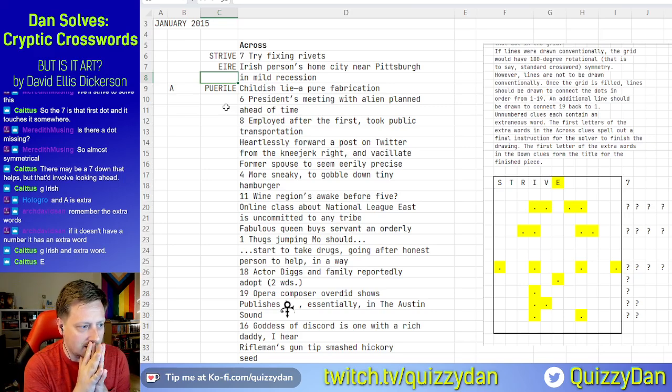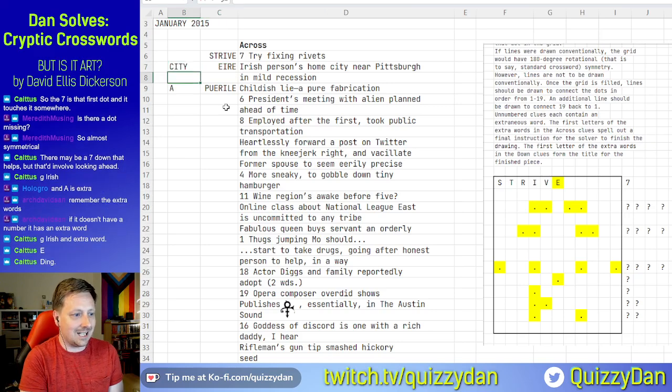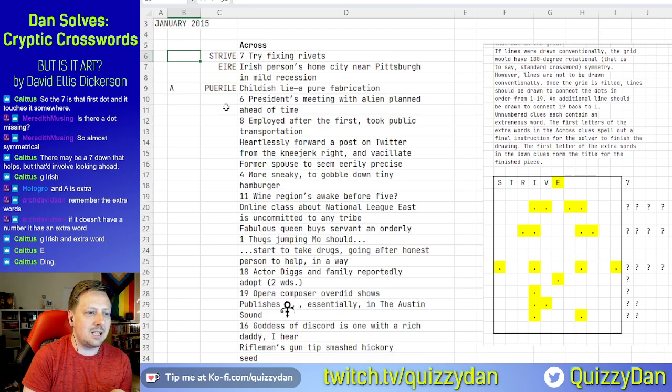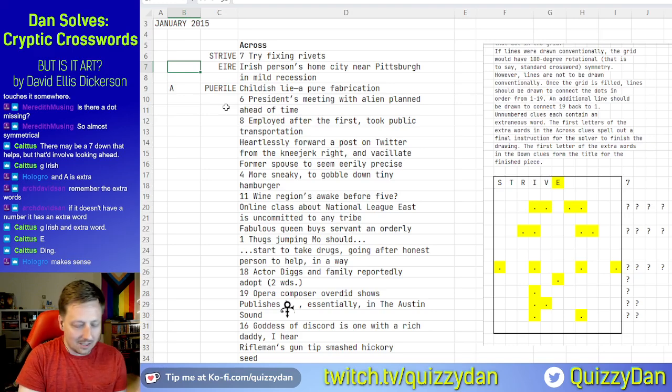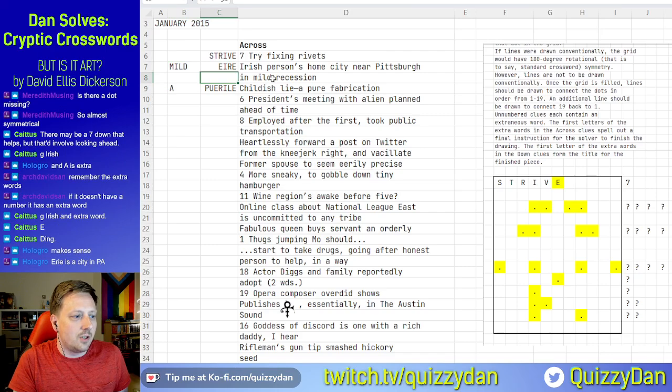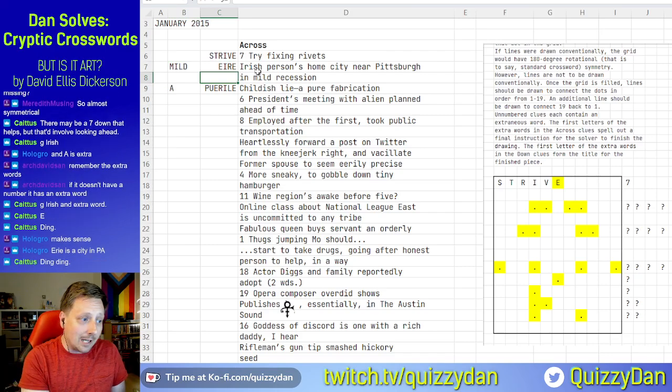That's my current Irish person's home, and I think city. And then city near Pittsburgh is Erie, and that's reversed. And so mild is your extra word. So in recession, going backwards is Erie, and that is a town near Pittsburgh.